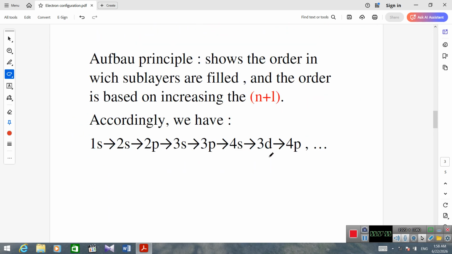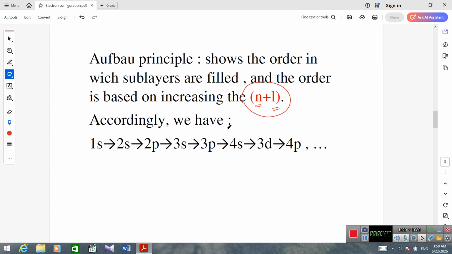Again about the Aufbau principle, the definition is that the Aufbau principle shows the order in which sublayers are filled, and the order is based on increasing n plus l, the principal quantum number plus the orbital quantum number.